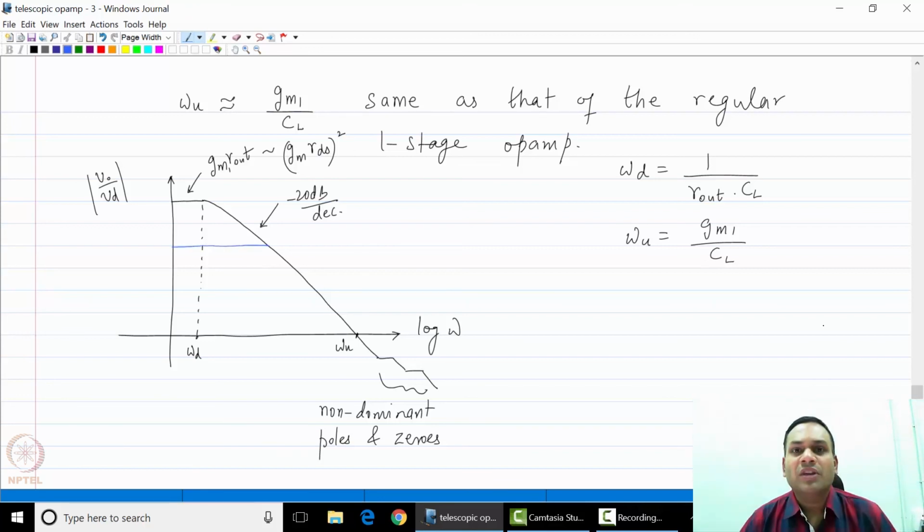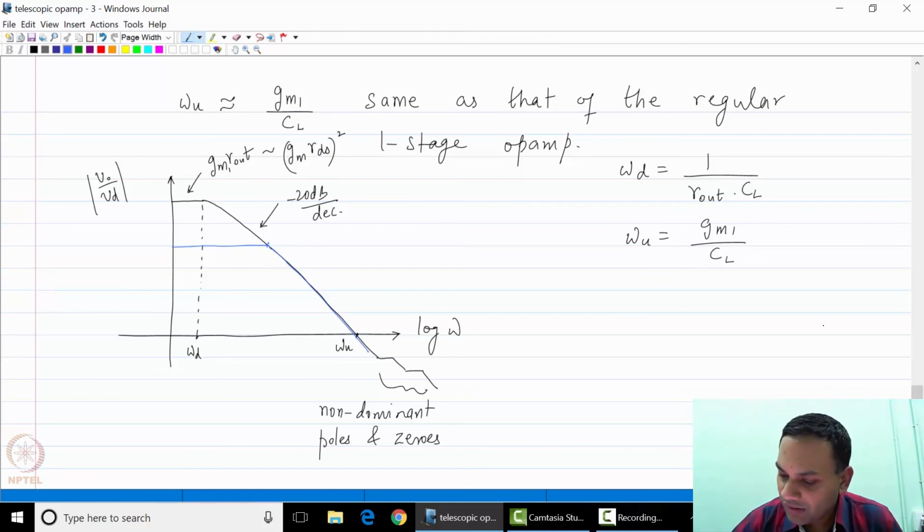But please remember, the R out of a one stage op-amp was only of the order of RDS by 2 and not Gm RDS squared, and therefore the dominant pole of the one stage op-amp will be higher than that of a corresponding telescopic op-amp. I'll assume these two have the same Gm and the same load capacitance, and therefore what you have achieved with the telescopic op-amp is simply larger DC gain.